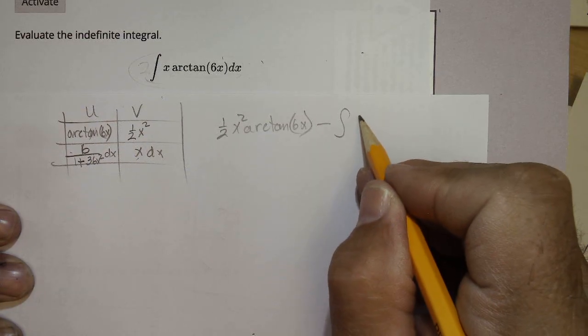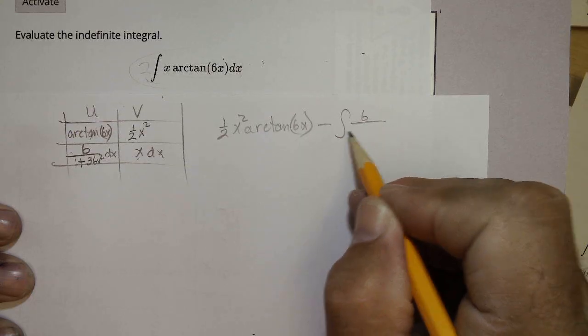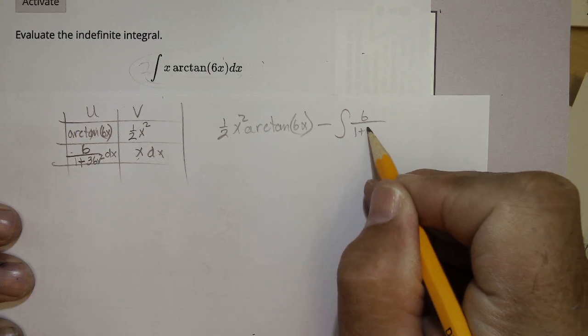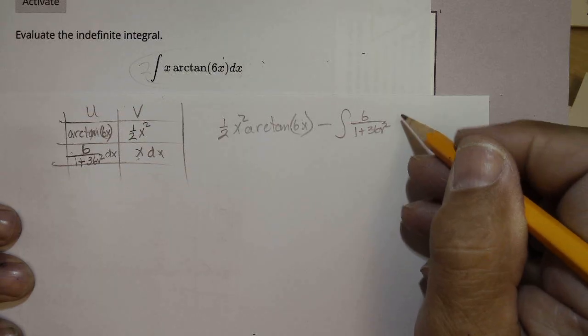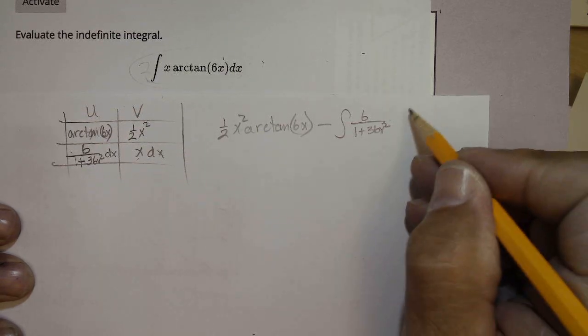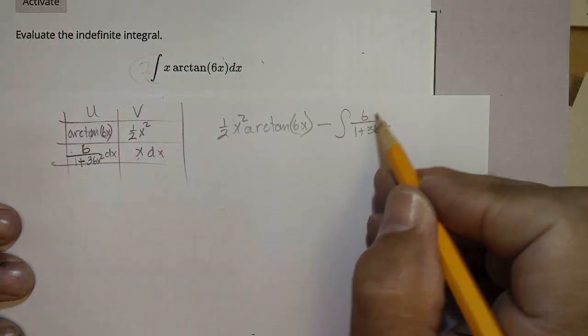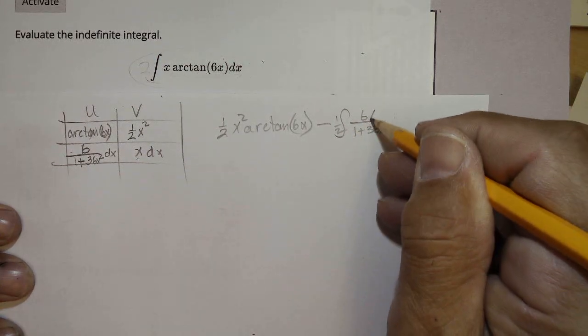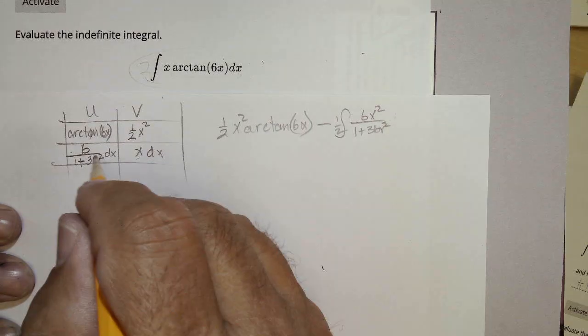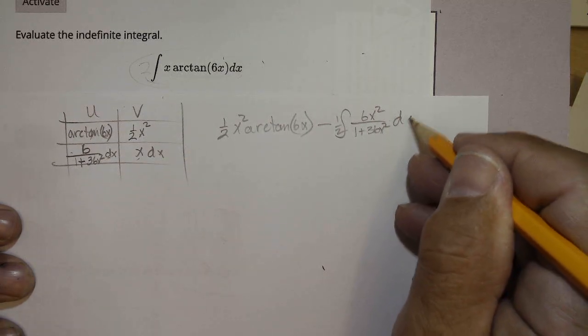So we'd have 6 over 1 plus 36x squared times this 1/2 x squared and the dx.